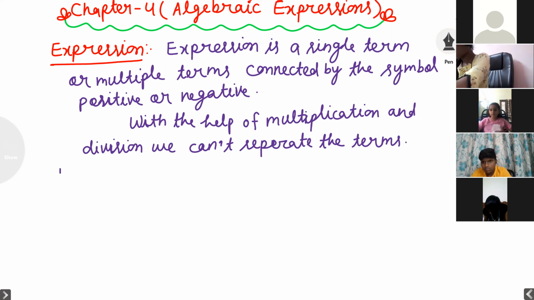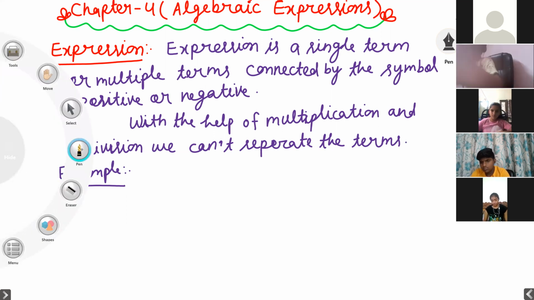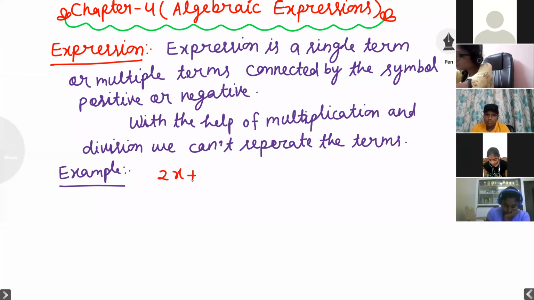Example, expression is a single term or multiple terms. Suppose I am writing here 2x plus 3. 2x is one term, 3 is second term.